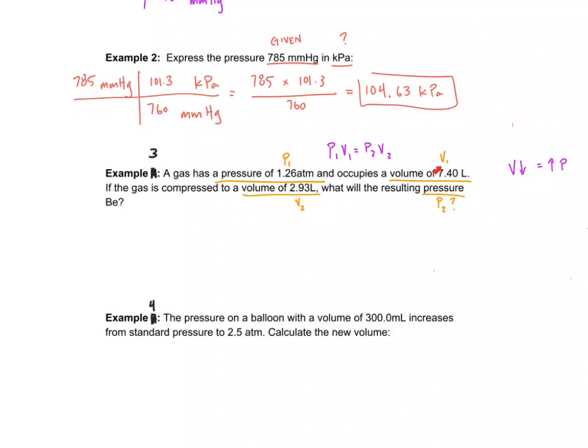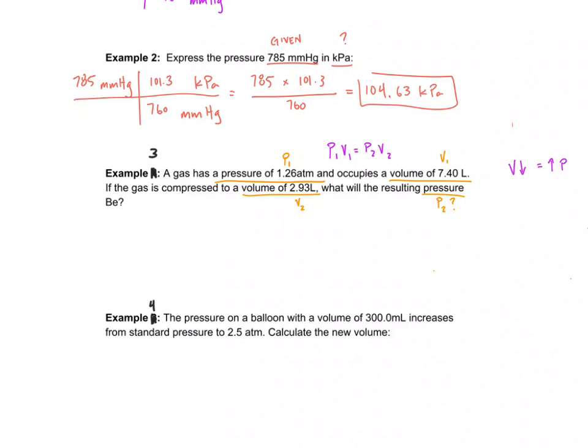So my volume decreased, and if my pressure is increasing, that means if I start at 1.26, this new pressure has to be greater than 1.26. Anything less than 1.26 can be thrown out or marked incorrect because you know this relationship is true. So your resulting pressure must be greater than 1.26.